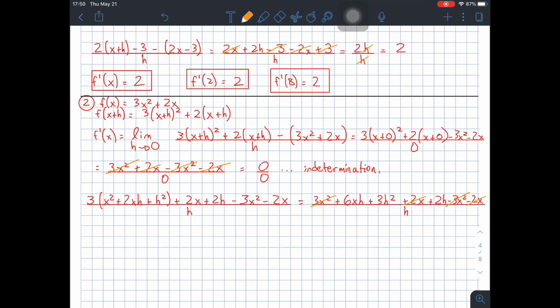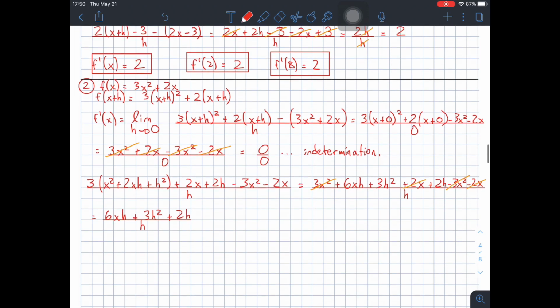Can we do something else? No. So let me rewrite this orderly. This would be 6xh plus 3h squared plus 2h divided by h. And if you notice, I have a common factor of h on the numerator.